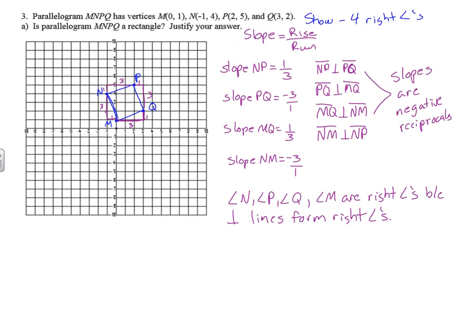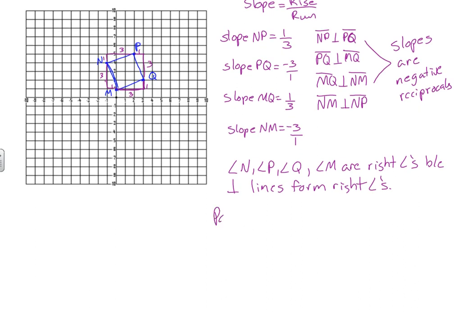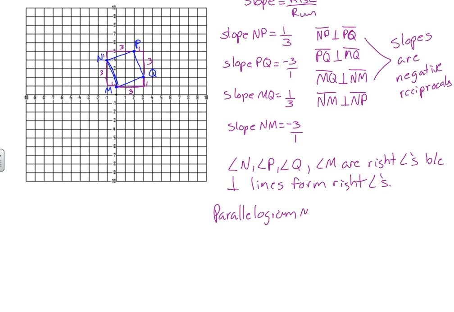Okay, so parallelogram MNPQ is a rectangle because it has 4 right angles.